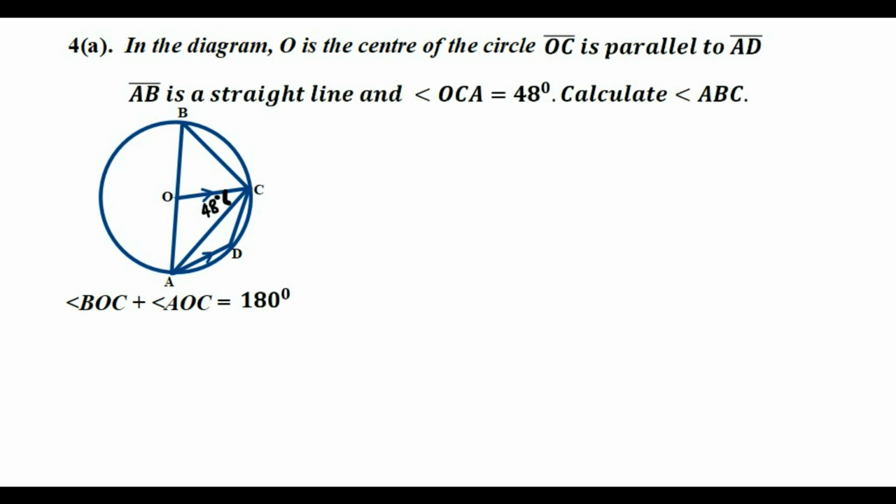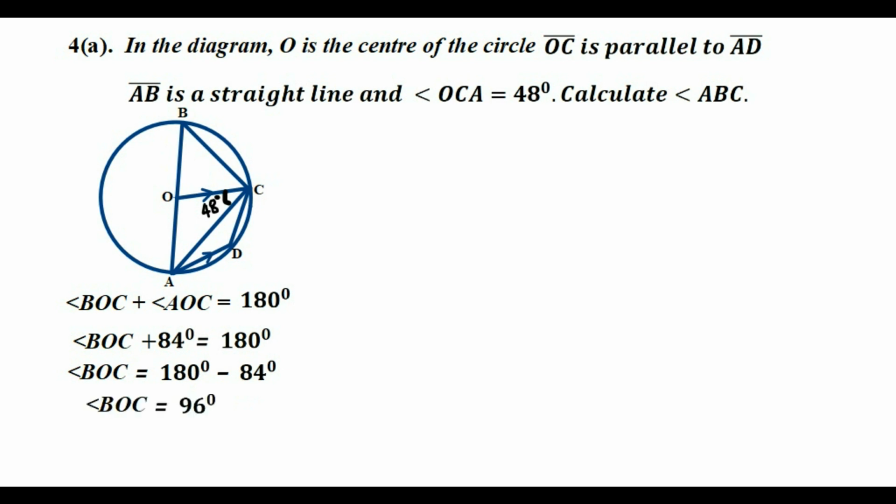Then we have this, and subtracting that, we get this. As you can see, BOC will now be equal to 180 degrees minus 84 degrees. And by taking away 84 degrees from 180 degrees, we have 96 degrees.